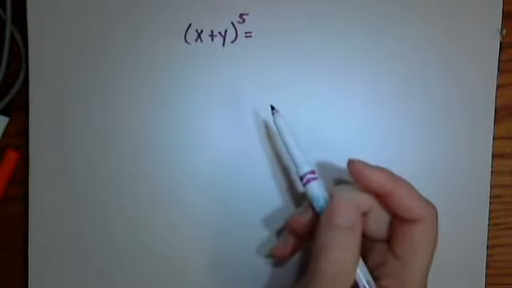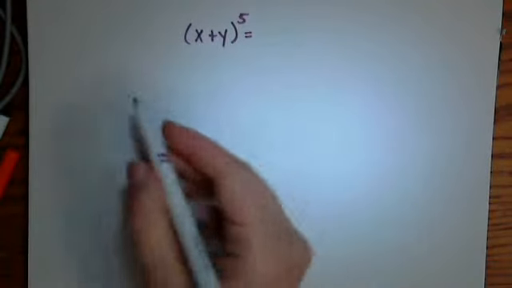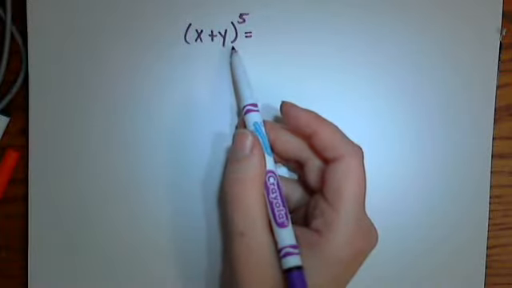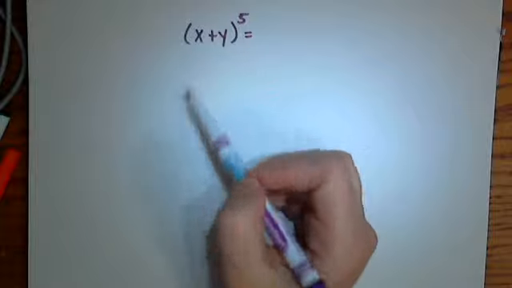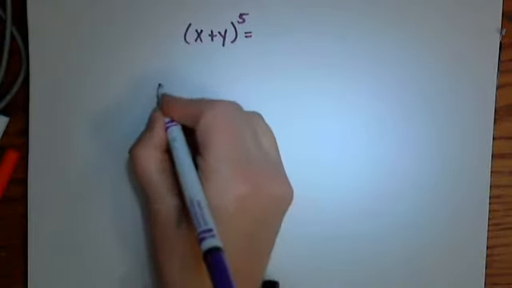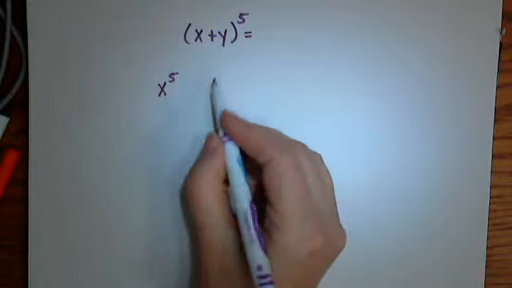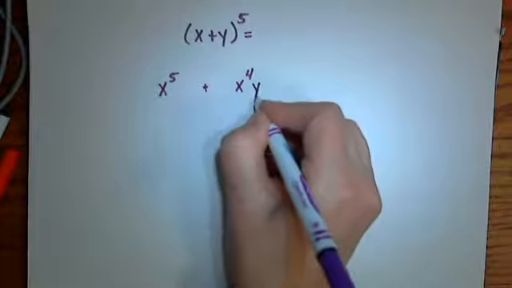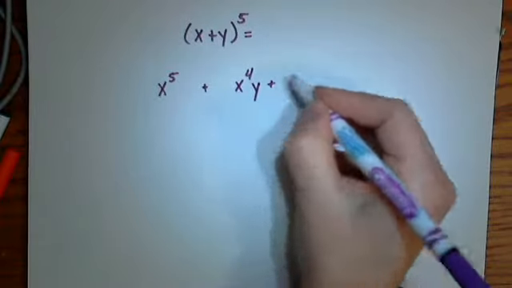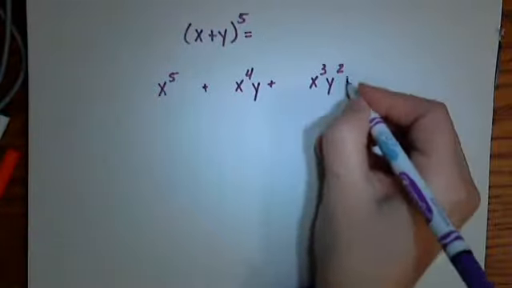So I'm going to write down the variables first, and then we can always fill in the coefficients later. So take my word for it right now, and you can prove it to yourself later, that when I do this, my variables are going to show up like this. I'm going to start with x to the 5th and y to the 0, which is 1. And then I'm going to add an x to the 4th y, and then x cubed y squared.